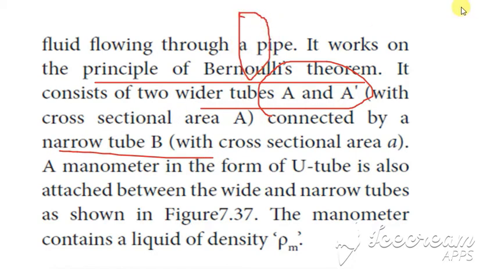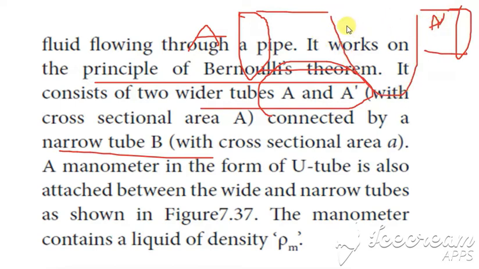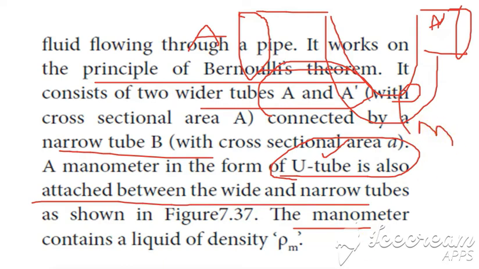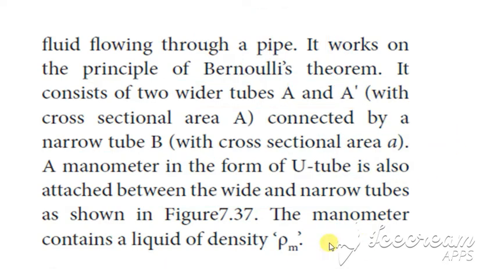Here we consider the two cylinders named A and A dash, connected with the help of a narrow tube. A U tube is also attached between the wide and the narrow tubes. This manometer has a density denoted by rho m.